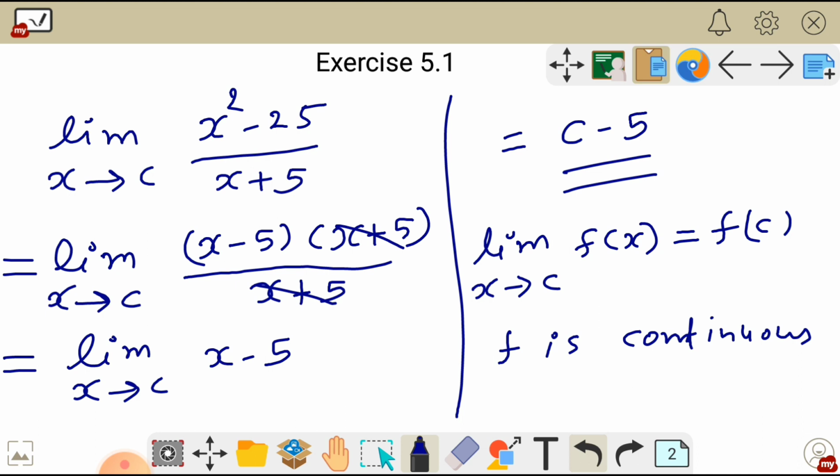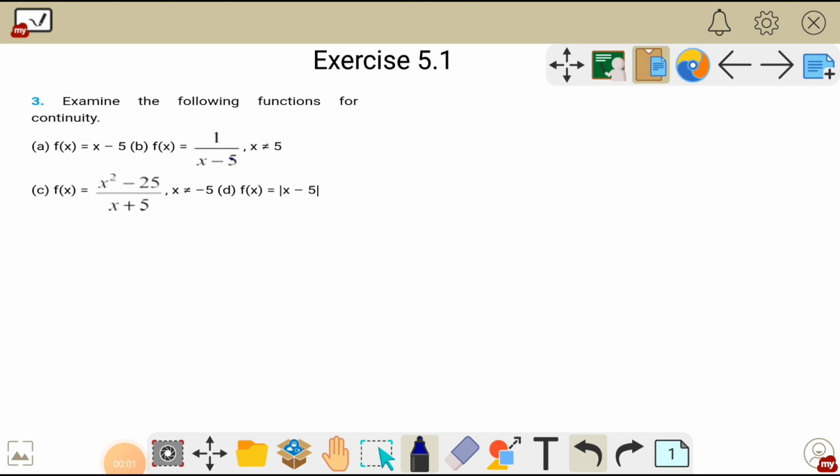Now let us check the continuity for the function which is given in D. So our function for D is f of x is equal to modulus of x minus 5. Now this is different from the earlier ones.